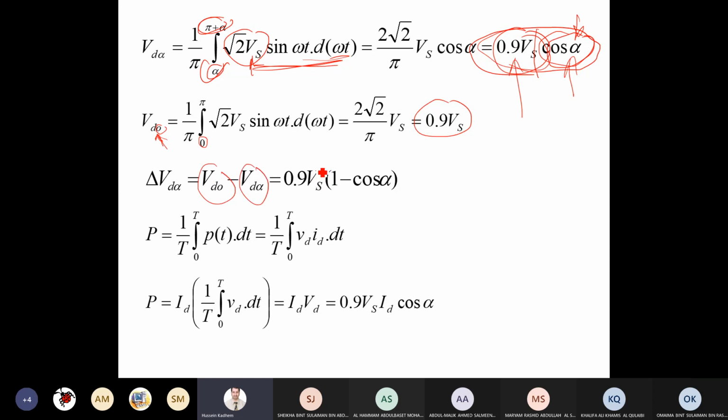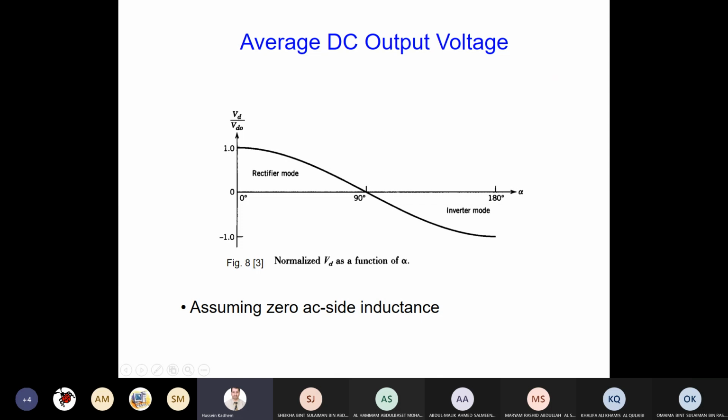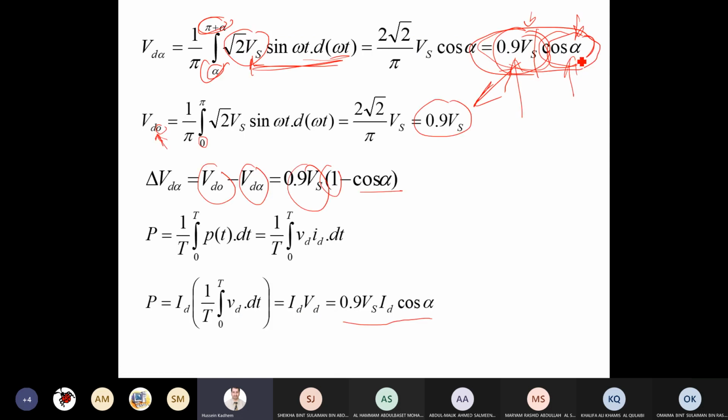It gives me 0.9 Vs times 1 minus cosine alpha. Power is just multiplying by ID: 0.9 Vs ID cosine alpha. One point to mention: when I increase alpha, cosine alpha reduces, and the voltage will reduce also.